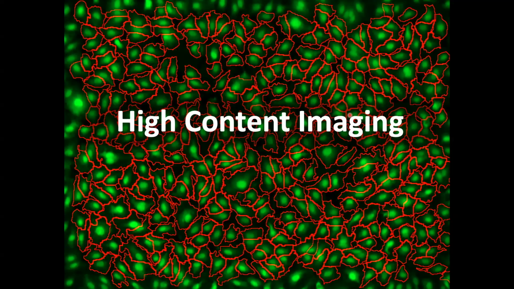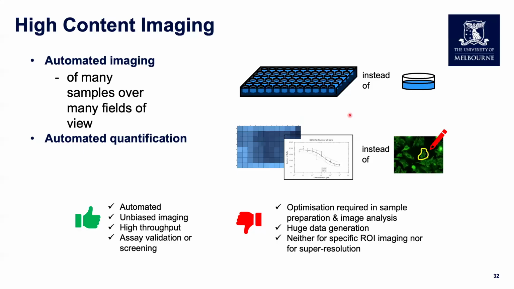Next thing we're going to look at is high content imaging. So similar to the slide scanner, this is high throughput and automated imaging. But in this case, we're not imaging samples on a slide or in a dish. We're actually going to mount samples into some kind of microtiter plate.